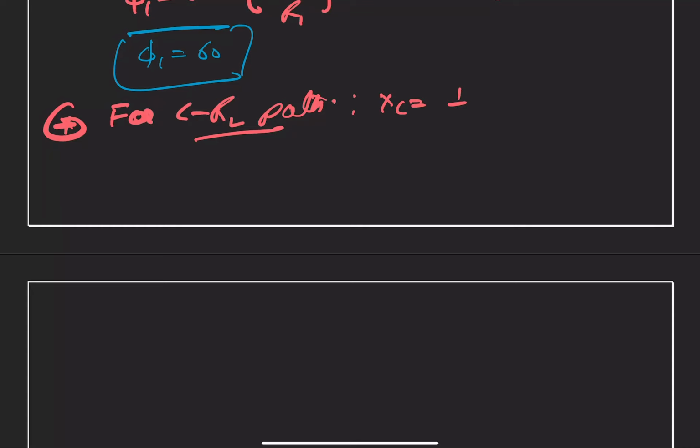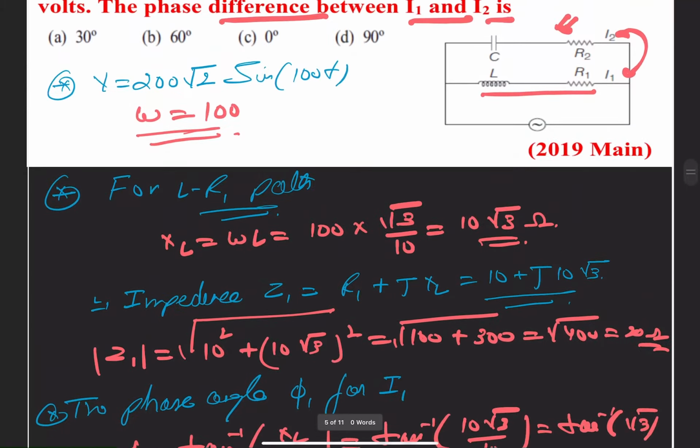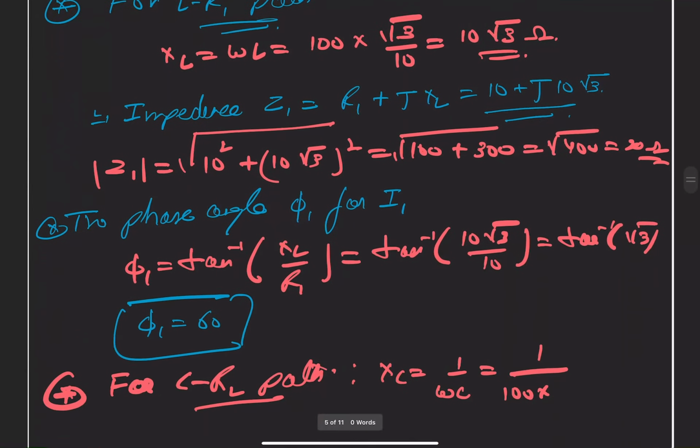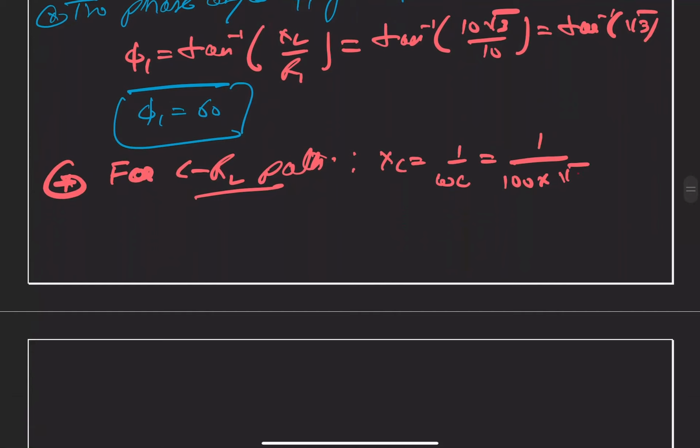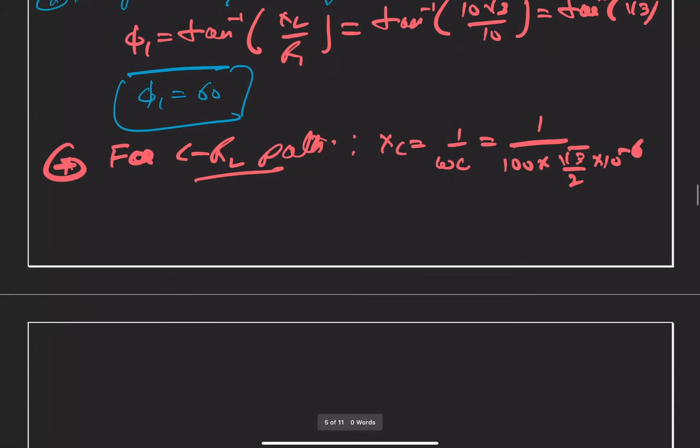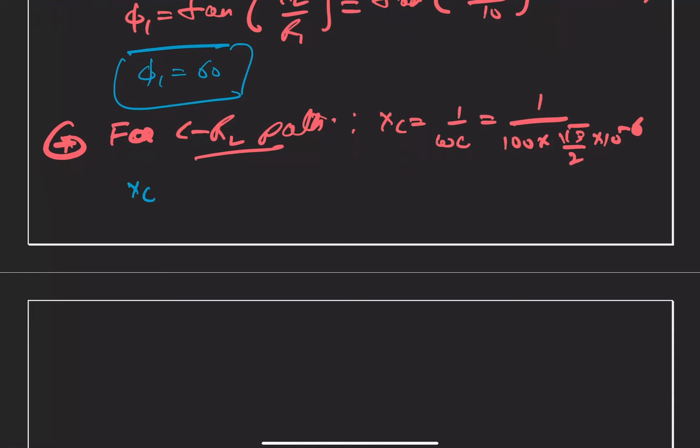XC will be equal to 1 upon omega C, that is 1 upon 100 times the capacitance, which is given as 2√3 times 10 to the power minus 6 microfarad. So our XC will come out as 20,000 divided by √3 ohms.